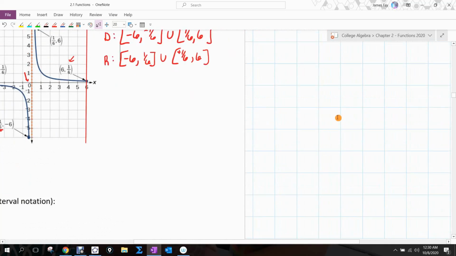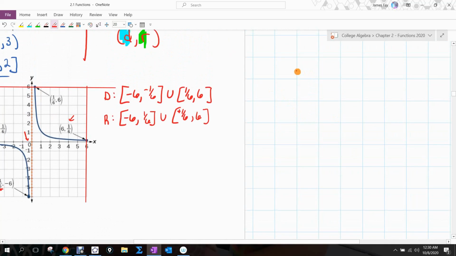We can look at something like this. Let's say 1, 2, 3, 1, 2, 3. Let's say that I have a graph that starts right here, and then it goes up.